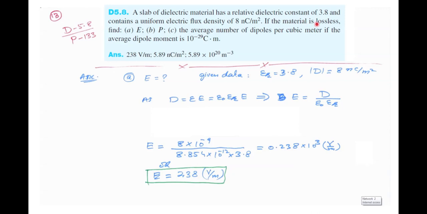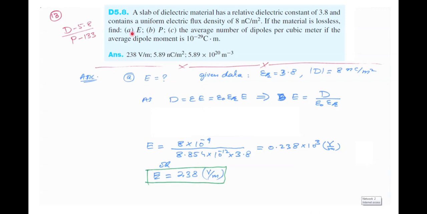Let us suppose that the material is lossless, that is conductivity is 0, so there exists no free charge. Then find the magnitude of E field and the magnitude of polarization. In part C we are asked to find the average number of dipoles per cubic meter if the average dipole moment is 10 power minus 29 coulomb meter.